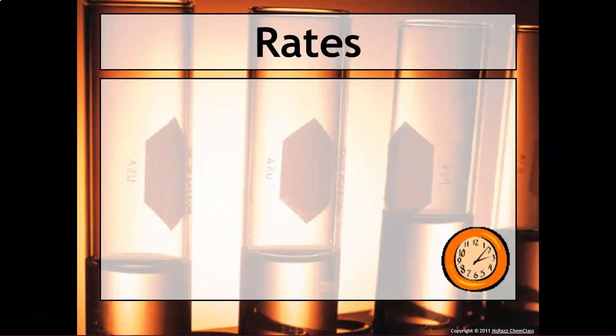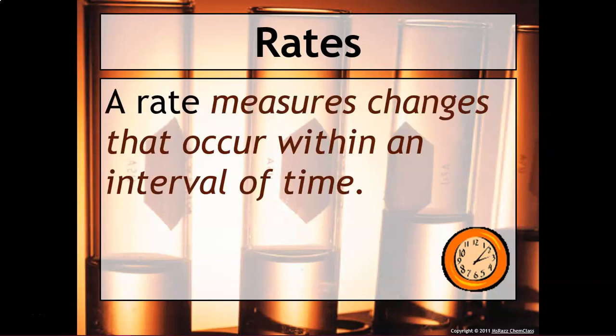So let's talk about a rate. What is a rate? A rate is really measuring changes that occur within an interval of time, right? So it has two components. Usually we look at change in quantity over change in time, and that is exactly how we're going to define it in this class.